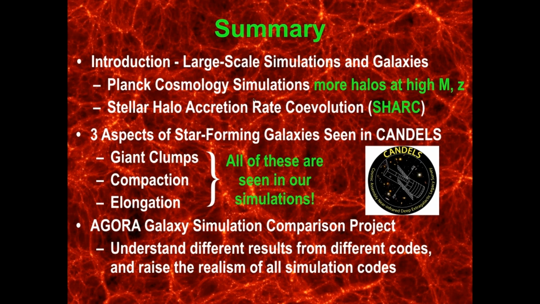But the clumps are there. That's a ubiquitous phenomenon. So that's an example where, by running the same code with the same initial conditions but getting different results, and then comparing with observations, we can see which are better and which are worse. Those are all the kinds of things that the Agora project is going to help us with, we hope. I hope that answers the question.